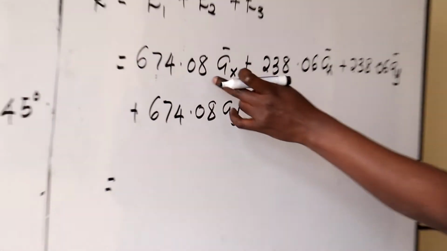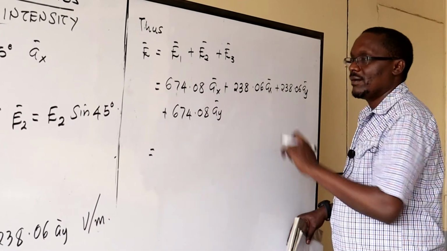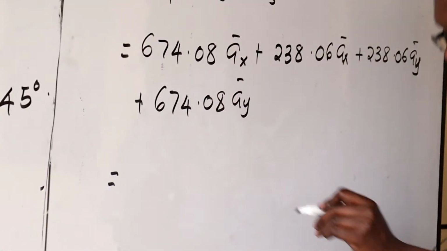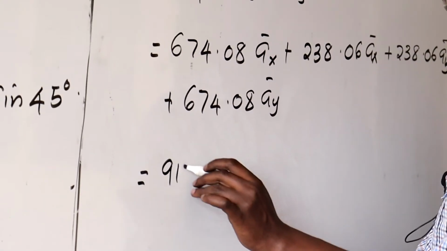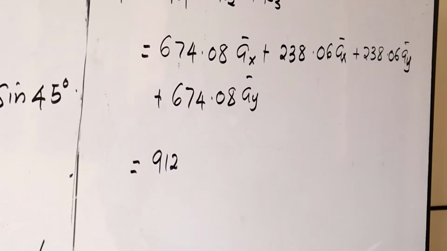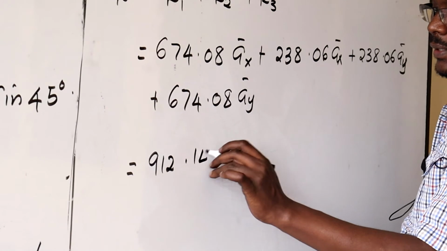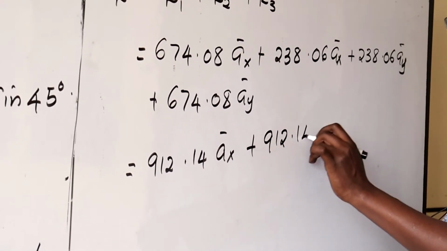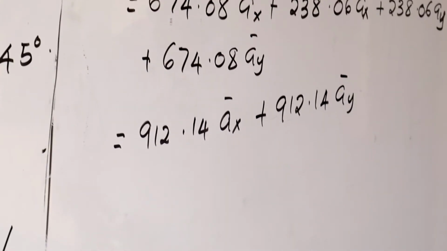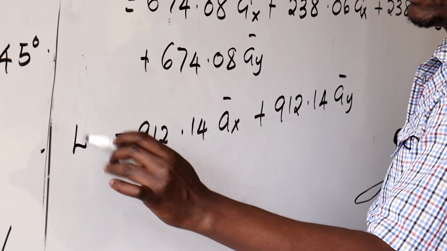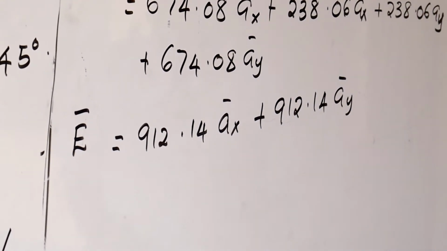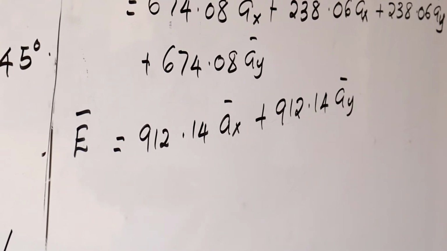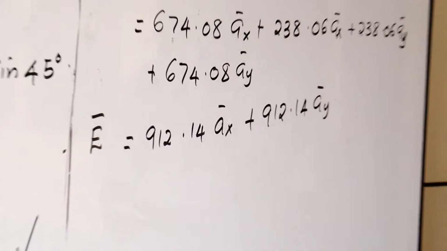So if I add the ones with AX together with another one AX, I'm going to have what as my final vector? 912.14 AX plus 912.14 of what? AY. Now this becomes my vector E bar. But you see, our question was asking us to get the magnitude of that particular vector.